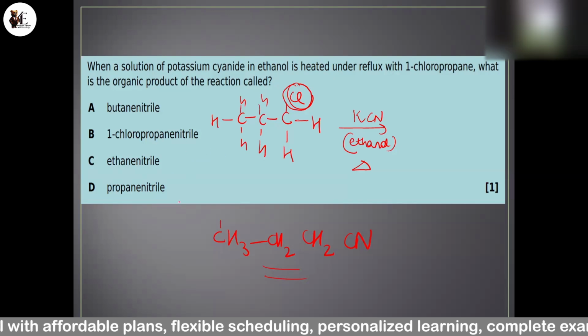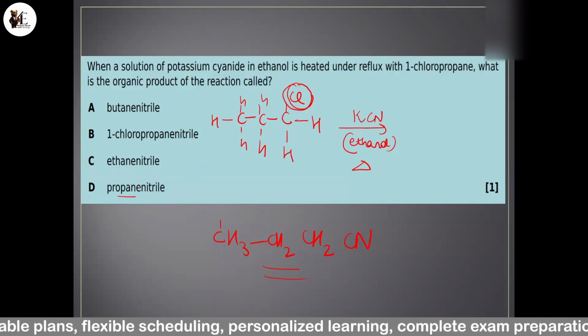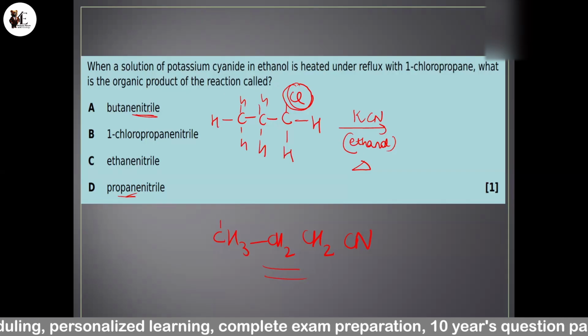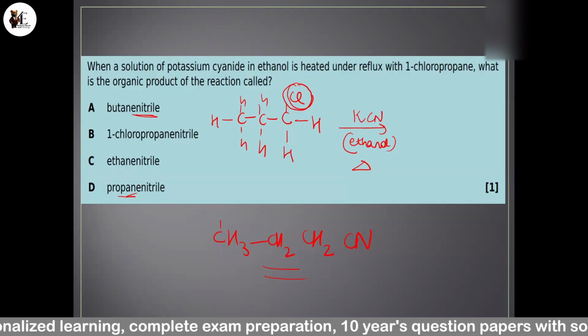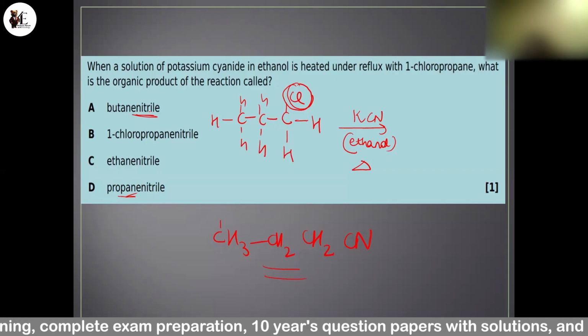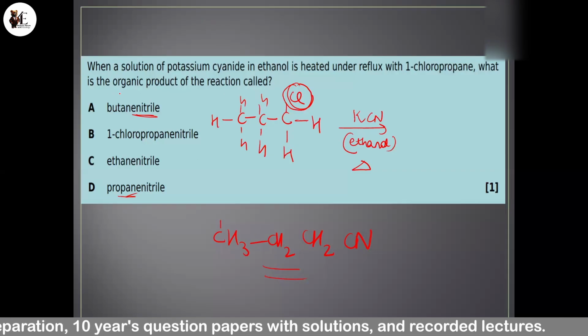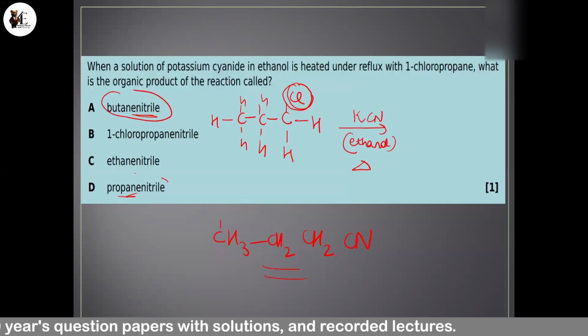So is it propane nitrile or butane nitrile? Because there are 4 carbon atoms in this, it should be butane nitrile.